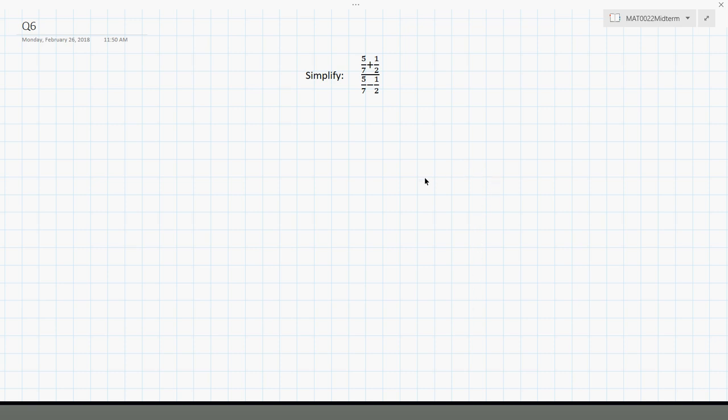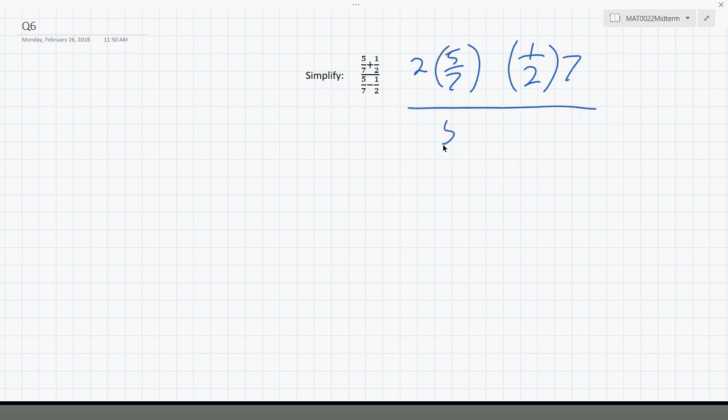So, when I do that, that means that my 5 over 7 is going to be multiplied by 2. My 1 over 2 is going to be multiplied by 7.